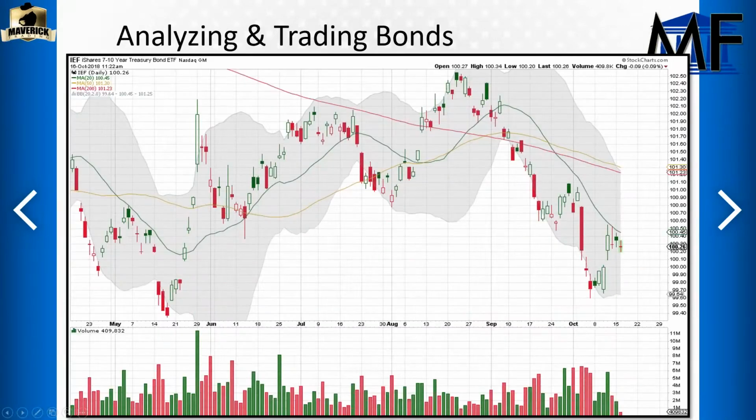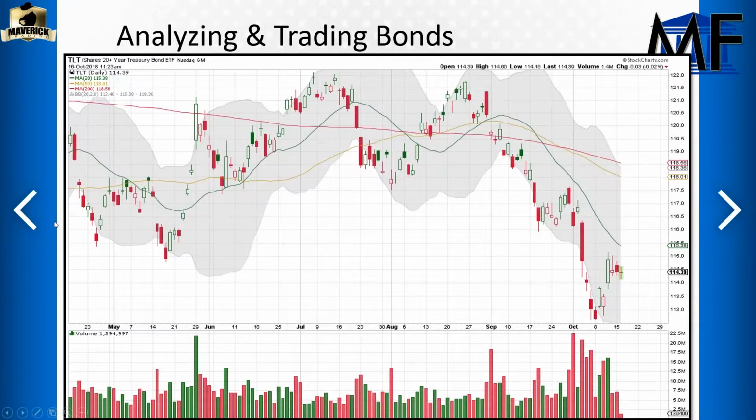Well, let's flip it around. Here is an ETF that tracks 7 to 10-year bonds. IEF is one of the most popular. This is 7 to 10-year Treasury bonds. Now look at how it's opposite. It's basically the inverse chart. You'll notice, and I'll flick between the two, okay?